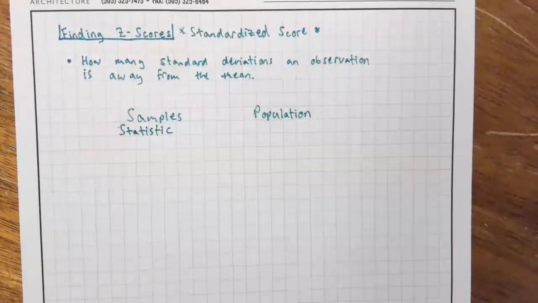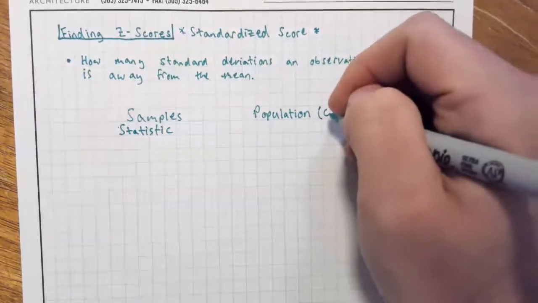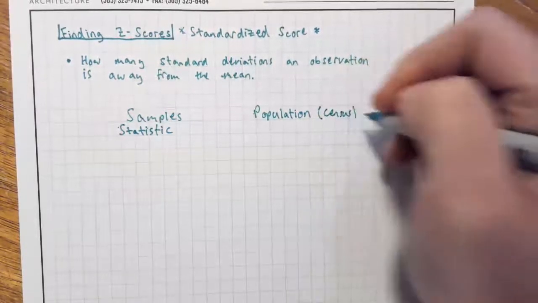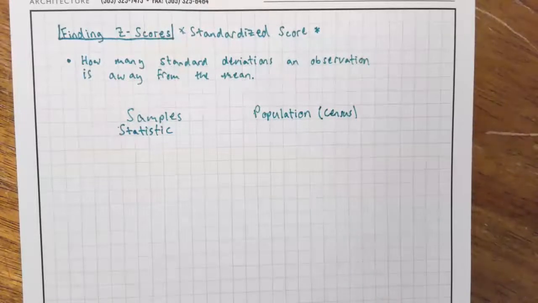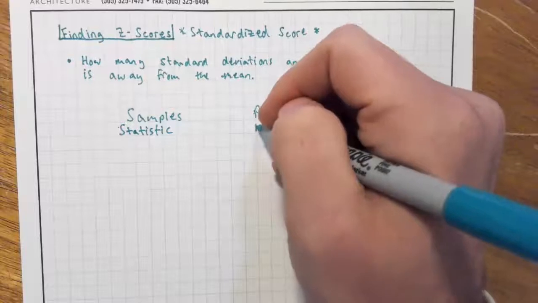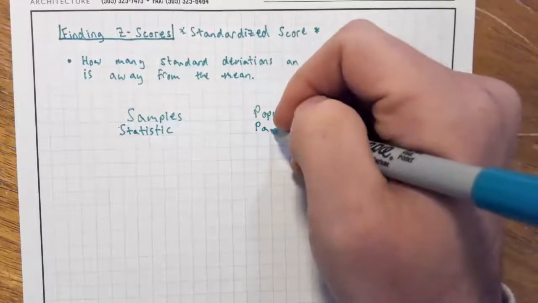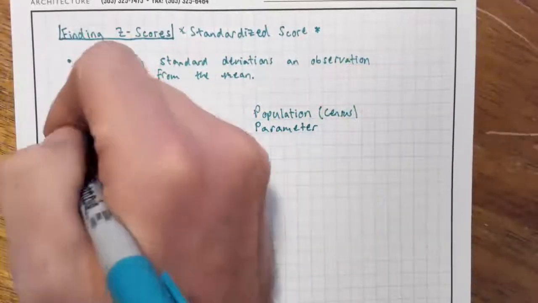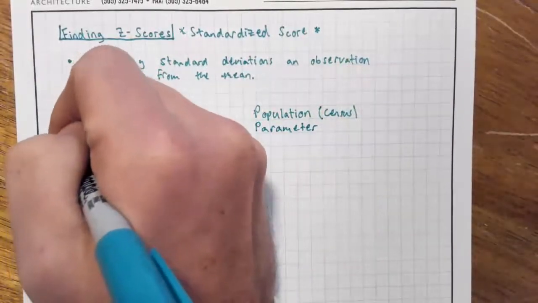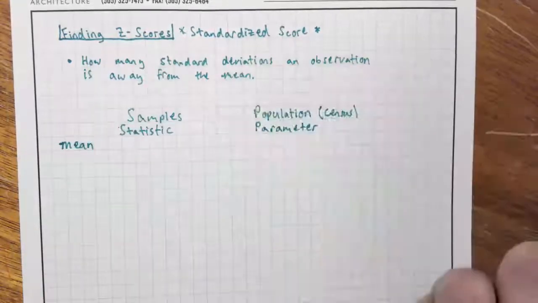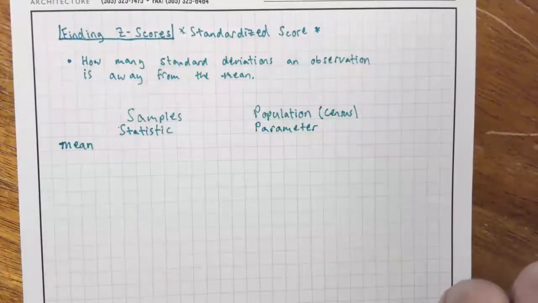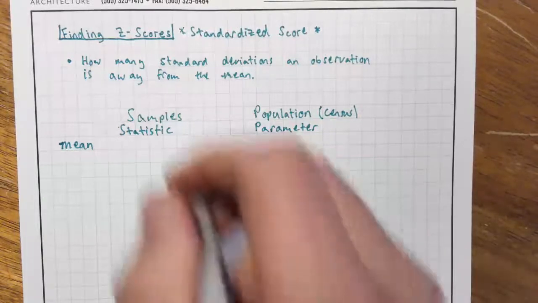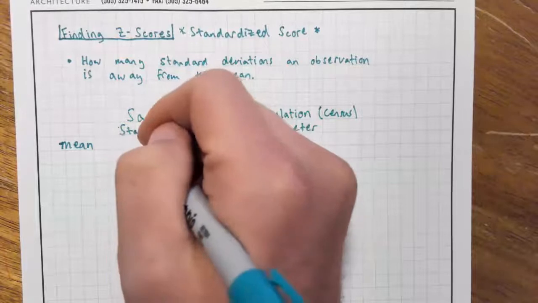A population is like when you conduct a census. I know that's going around right now, hoping to get everybody on that. When you calculate something from a population, it is known as a parameter. So when you find a statistic, for example the mean, the symbol that I've been using the whole time thus far in the class is x-bar.